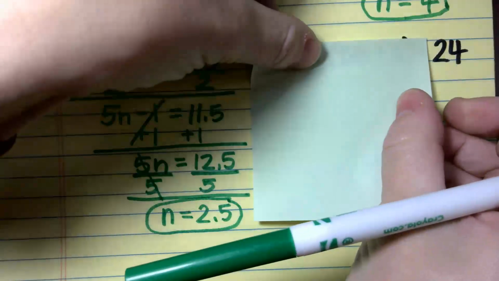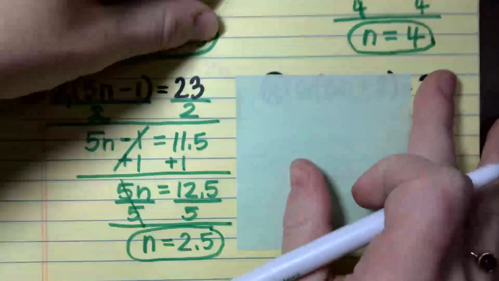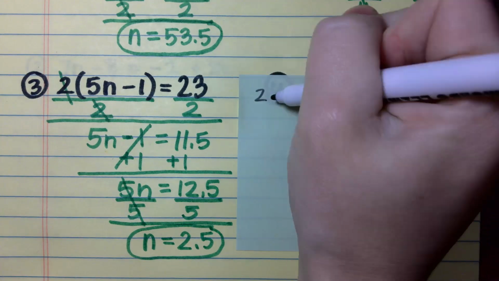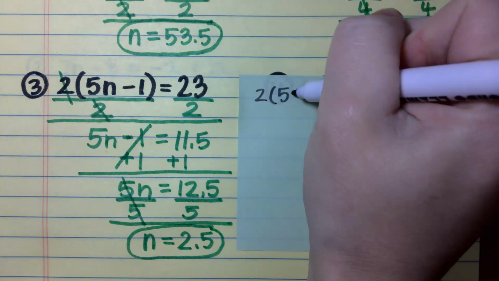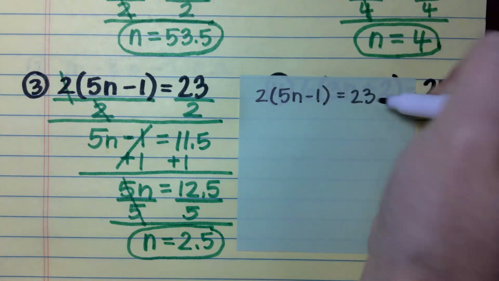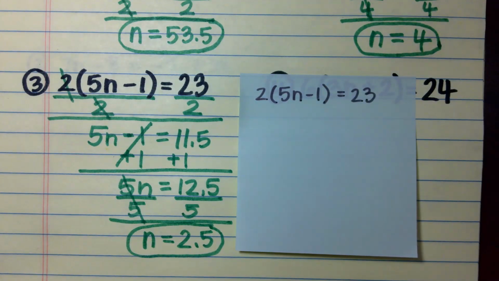So I will rewrite my problem and we'll do it right beside it. So I have 2 times 5n minus 1 equals 23. And I see that I have a number beside something in parentheses, so we are going to distribute.